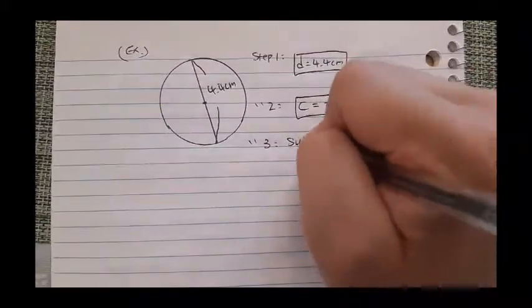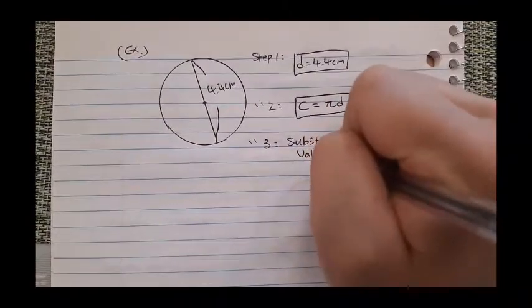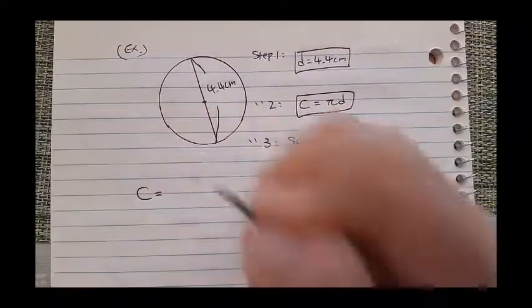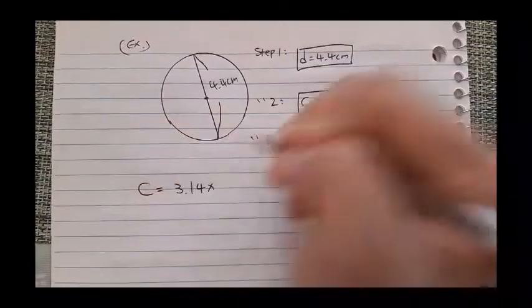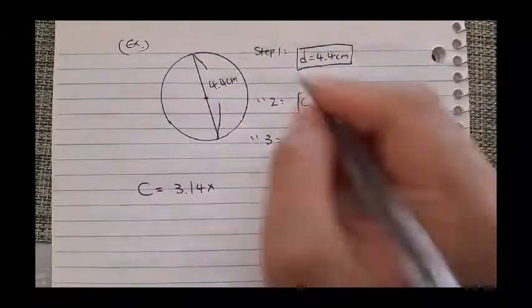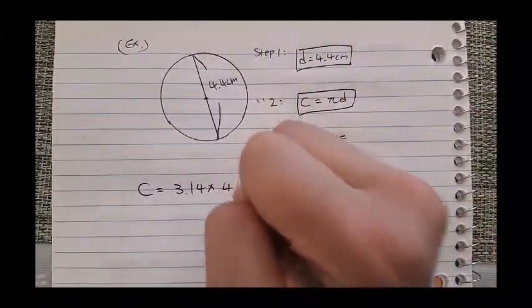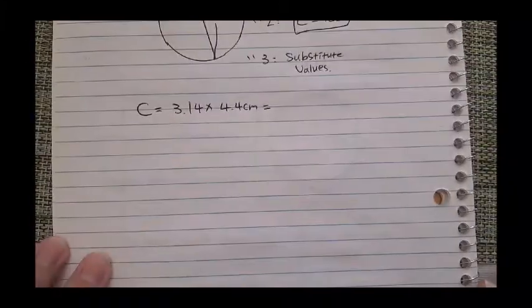Step number 3, substitute values. So what I mean by that is C is equal to, instead of pi now, why don't we use 3.14? Then we punch in the rest of the numbers, 4.4 centimeters.